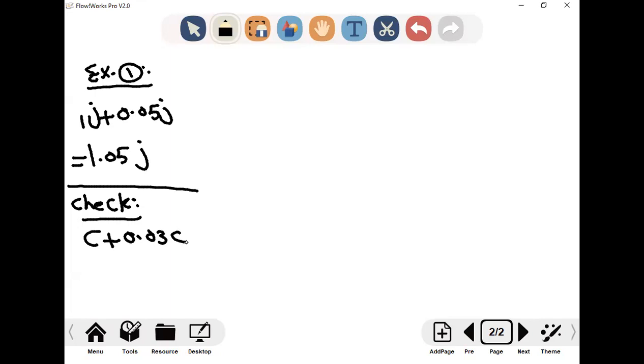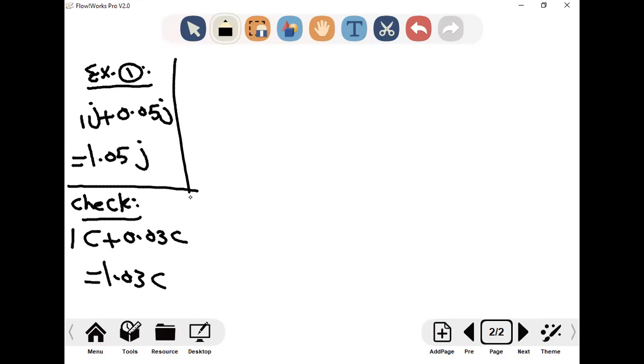What will it be, Isam? 1.03C. From where do we get the 1? Beside the C here, we have 1, but we don't write it. So I can read it as, look at the board, 1C plus 0.03C. It will be 1.03C, right? Did we understand the check? Did we understand the example?